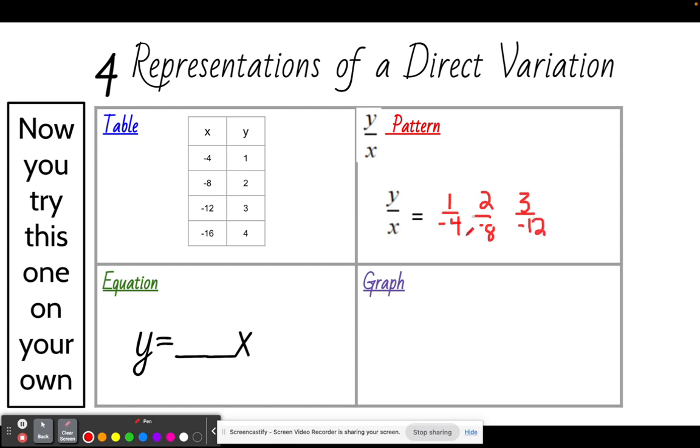Now typically when we simplify, we like to put the negative up front, so you have a positive over a negative, and this would all simplify to negative 1/4.